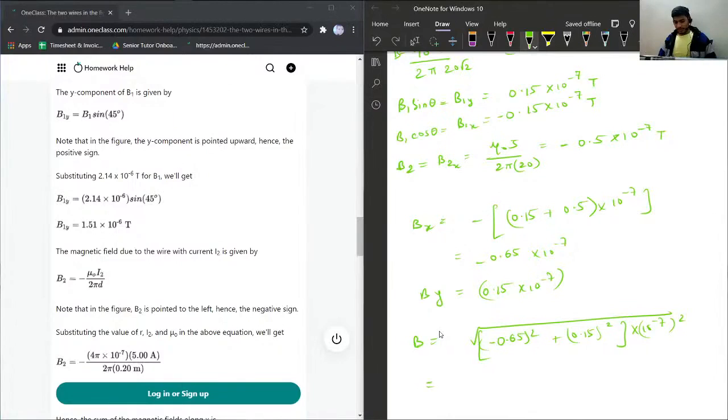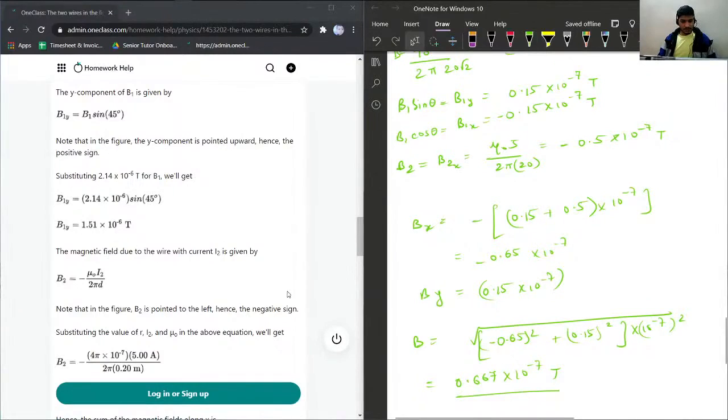So 0.65 square plus 0.15 square and square root of the answer. So this will be 0.667 into 10 power minus 7 Tesla.